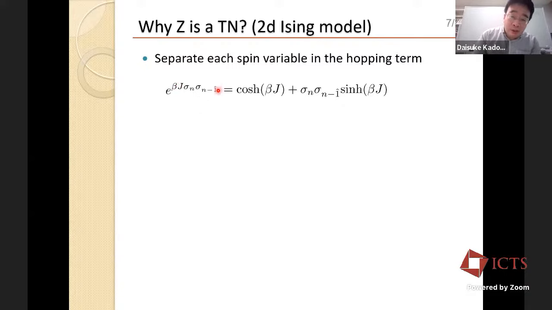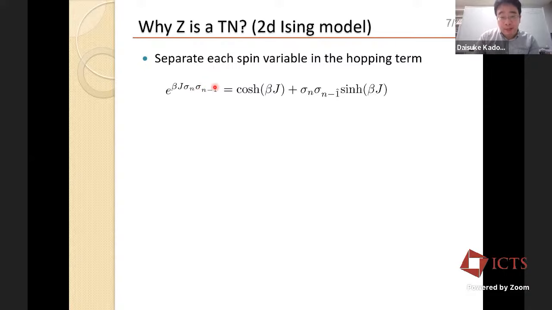the unit vectors in direction 1 and direction 2 respectively. So these terms represent the nearest neighbor interactions of the 2-dimensional classical Ising model. And these hopping terms can be written in this form by using the Taylor expansion of this exponential, and sigma n squared equals 1.